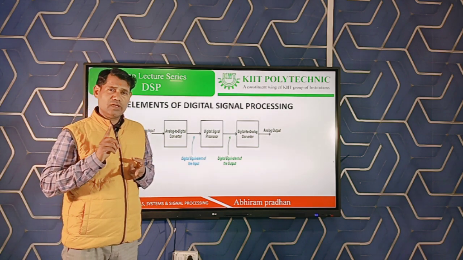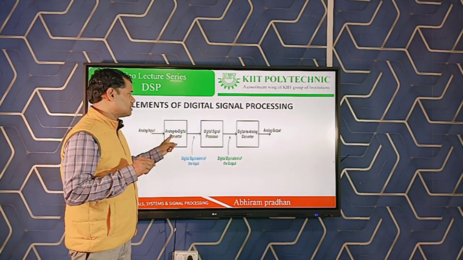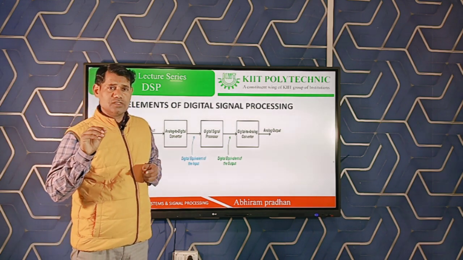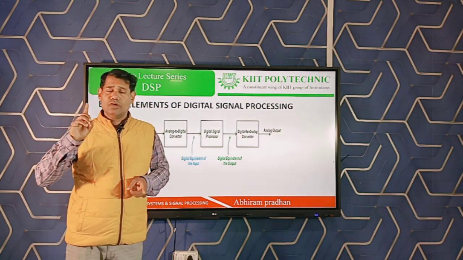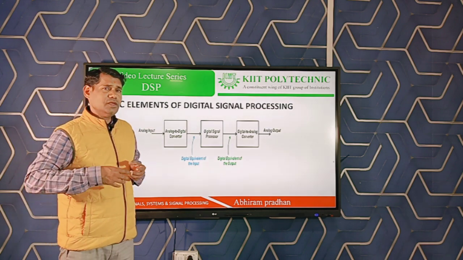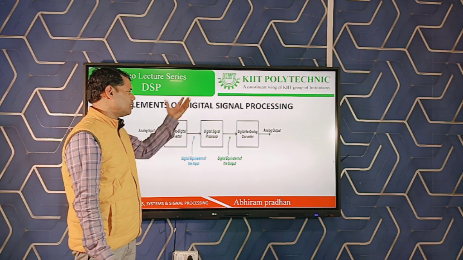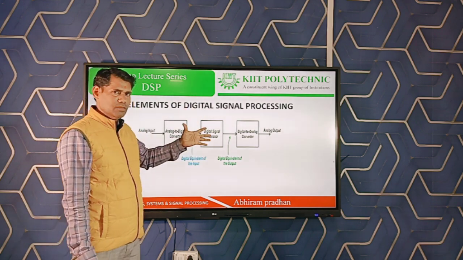If it goes for the integration process, that processor will be called an integrator. If it goes for differentiation, then it will be a differentiator. But in general, we say digital signal processors.